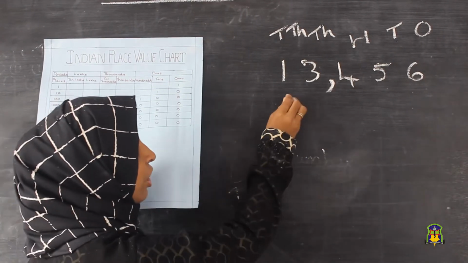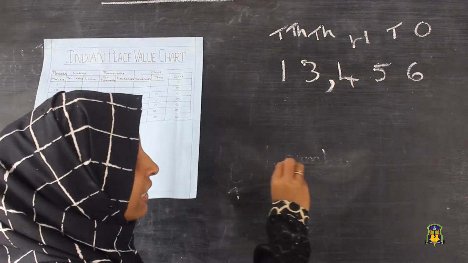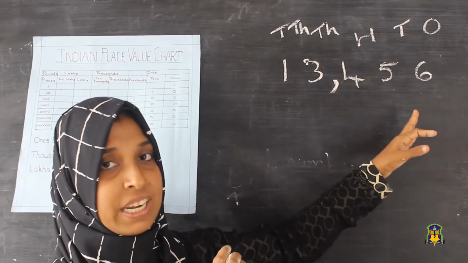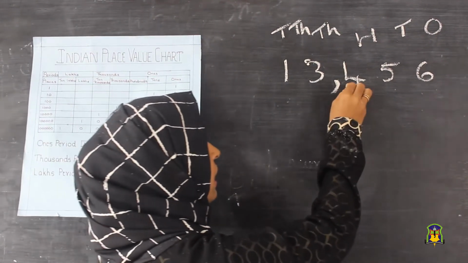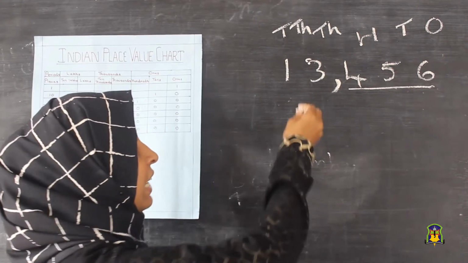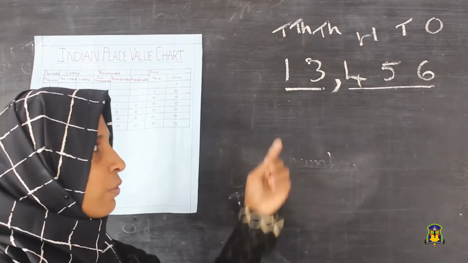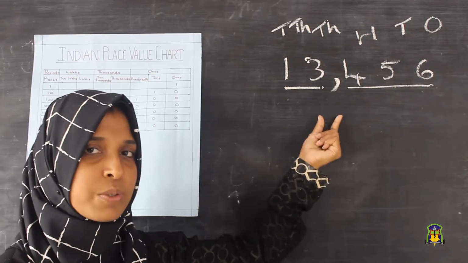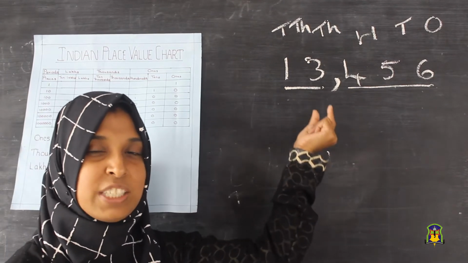Here look, we write the digits in the same period together. This is the ones period and this is the 1,000 period. 1 and 3 come in the 1,000 period, so you read them together.